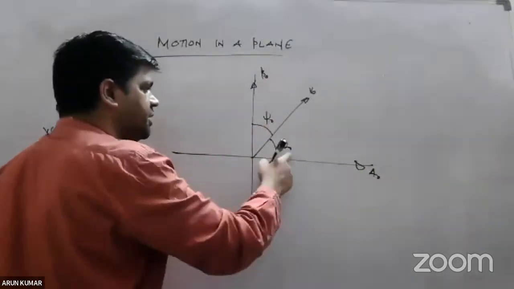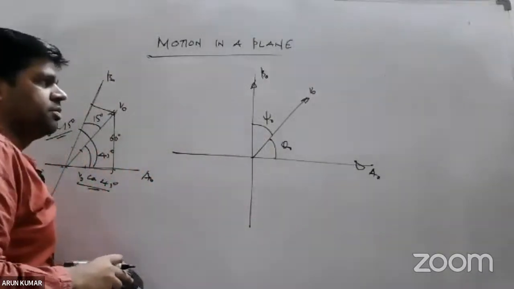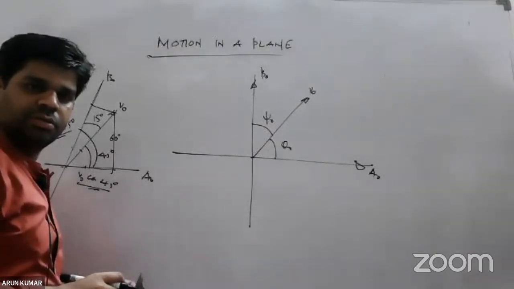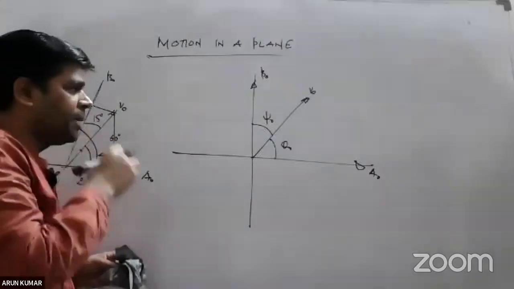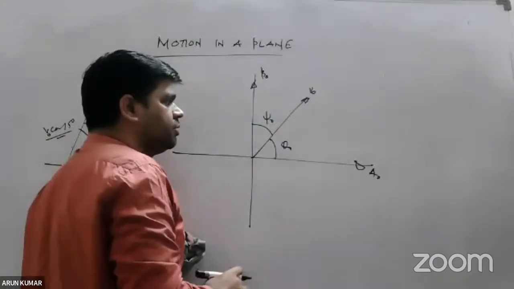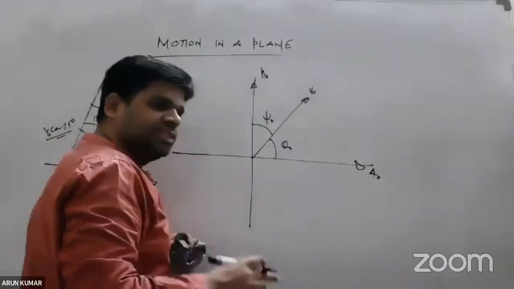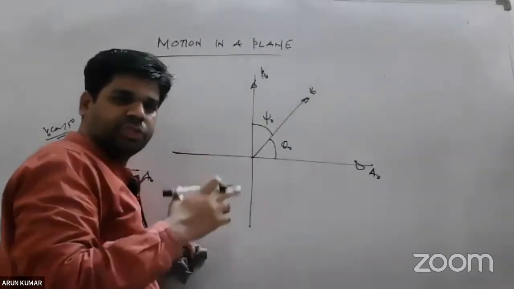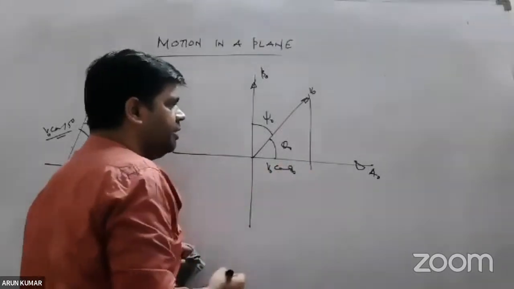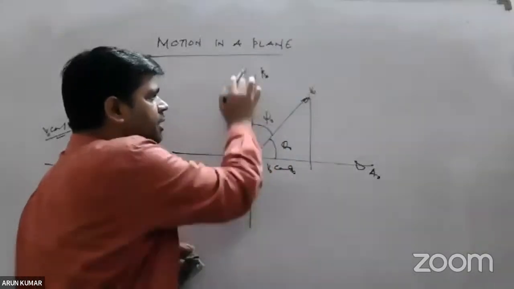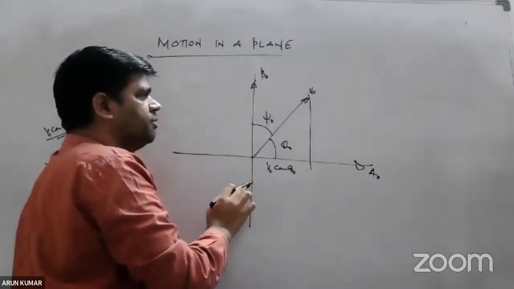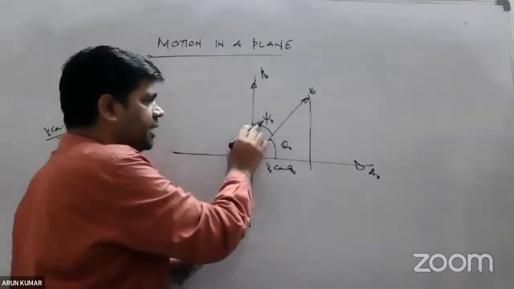I'm asking you what is the component of V naught along line A? Cos theta. So V naught cos theta, V naught cos of the angle between them. And what is the component of this V naught along this line? V naught cos psi. This is psi, this is theta.